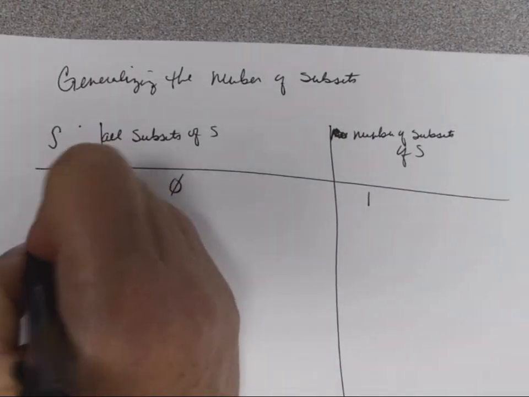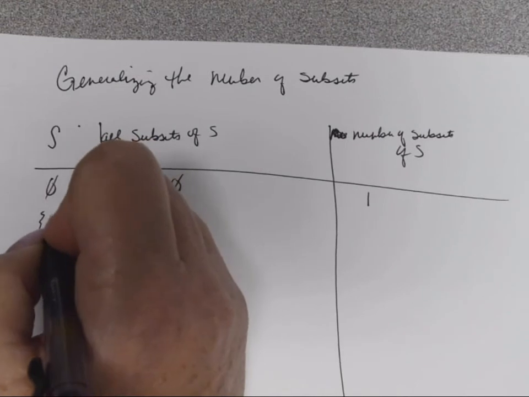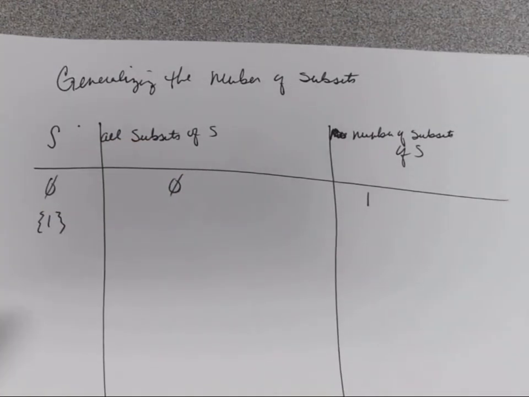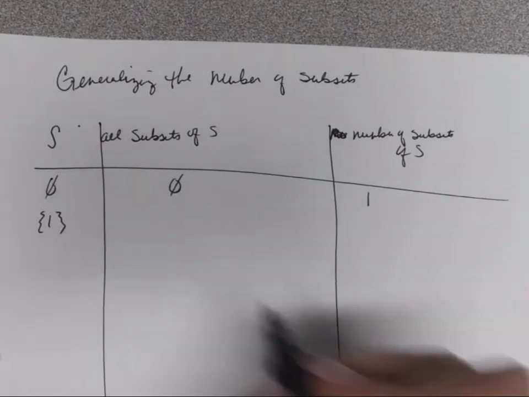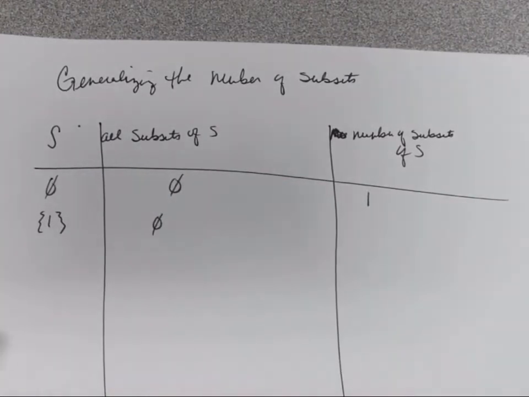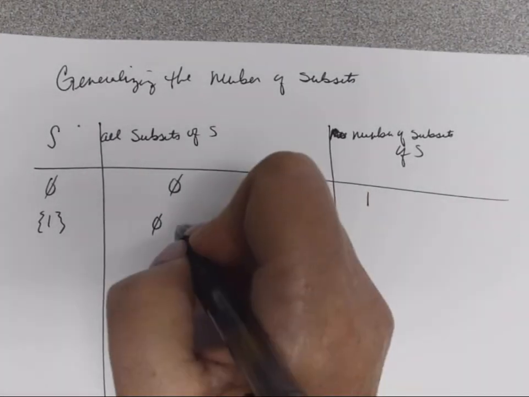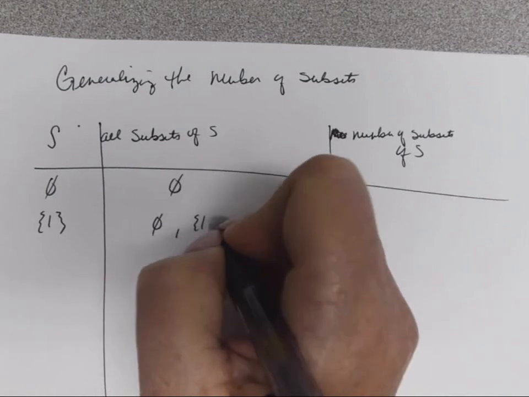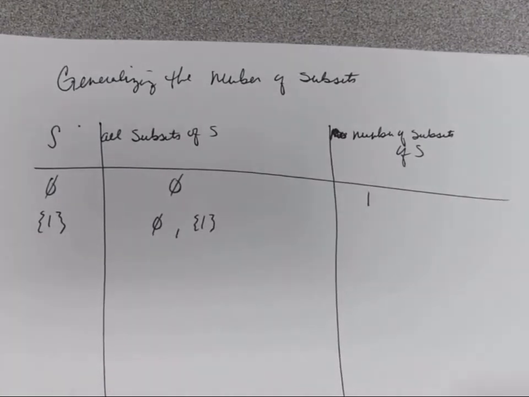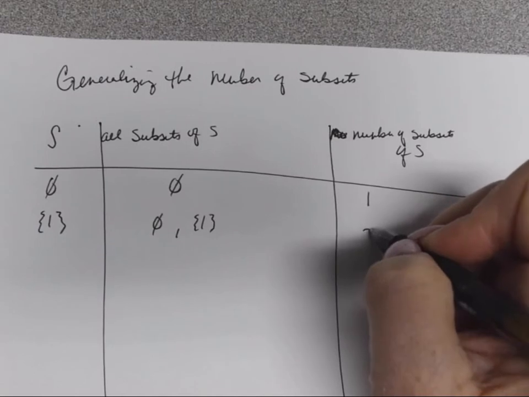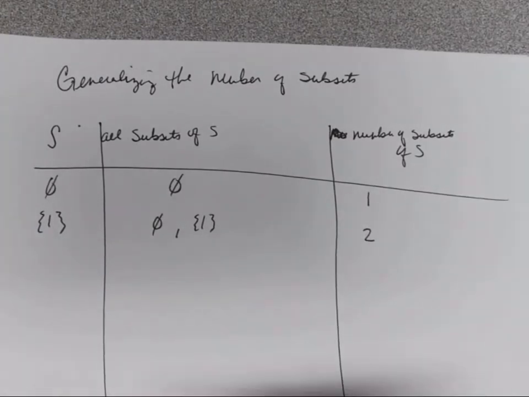If we have a set that has one element in it, and we're just going to use the number 1, it could be anything, then we would have the empty set and the set containing whatever that number is. And we would end up with 2 subsets.